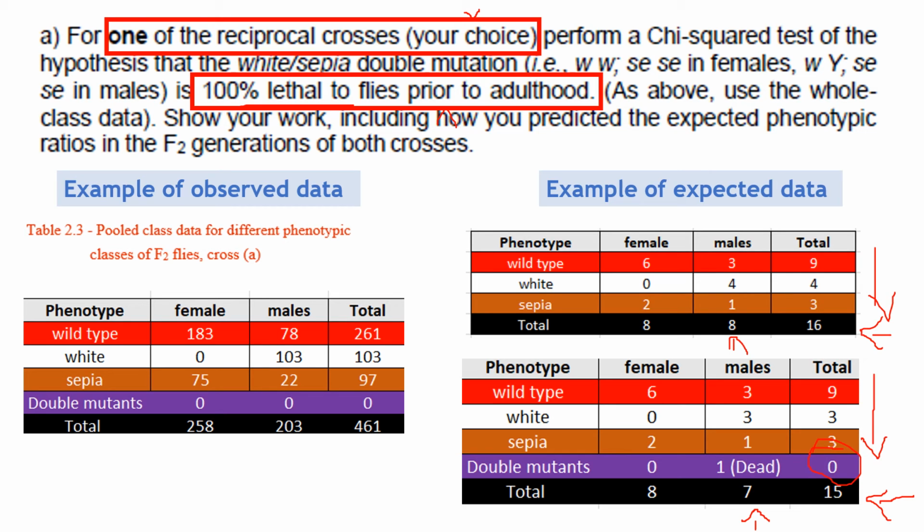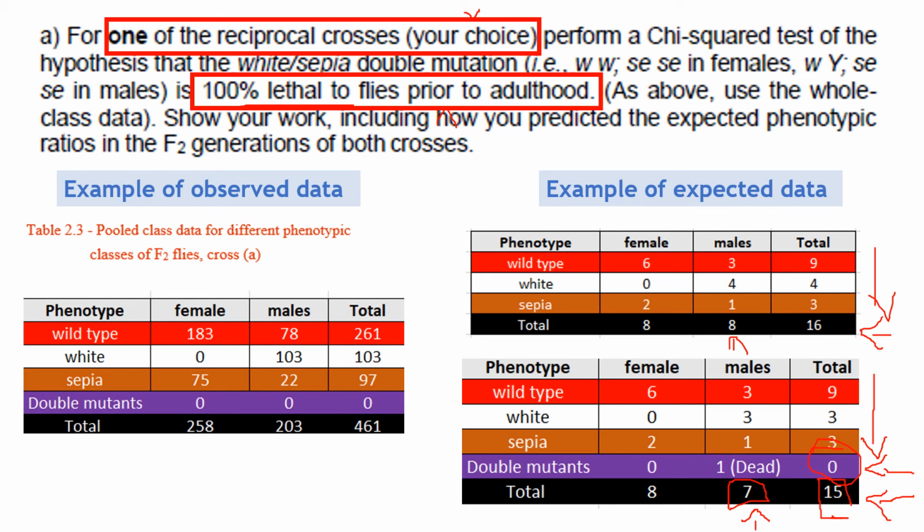You suppose that it is 0 because you cannot count it. So instead of getting 16, you get 15 because you miss one, and here you miss the other one. There's one that is dead and you don't count it. Here you can write that there is one that is dead. Either way, the idea is that you cannot count it.